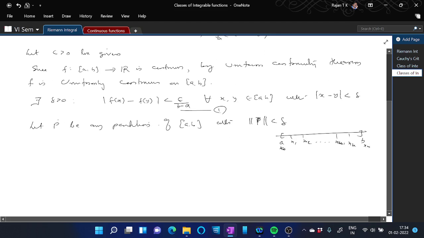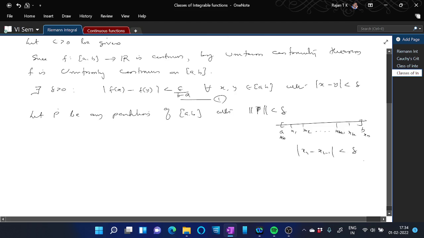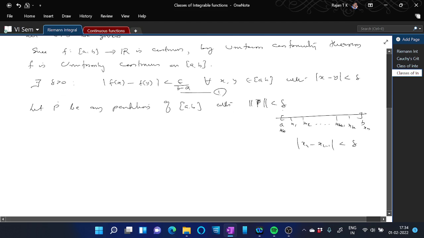Here each modulus of xi minus x(i-1) is clearly less than delta, because we assumed the norm of P is less than delta.